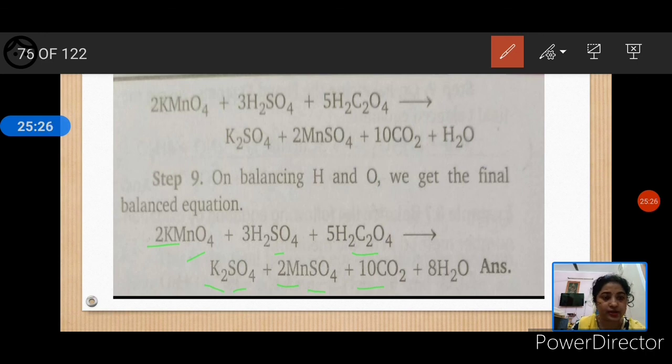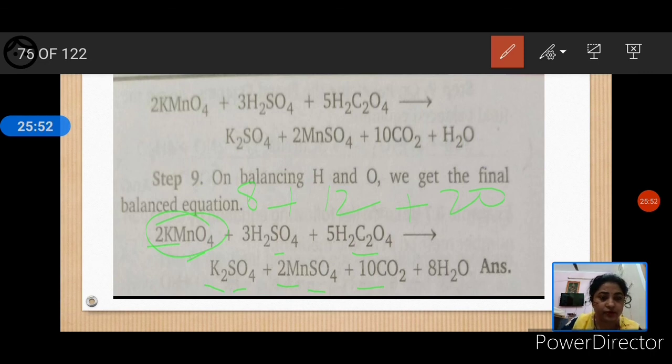Counting oxygen: 4 twos are 8, 4 twos are 8 here, here 4 threes are 12, plus 4 fives are 20, so 20, 30, 40. 40 oxygen should be present here.